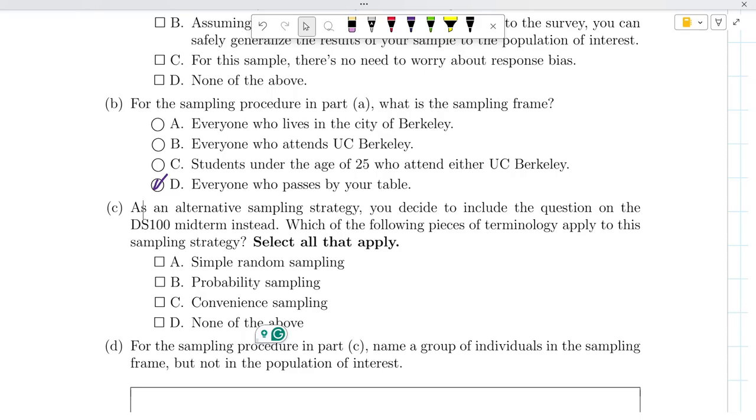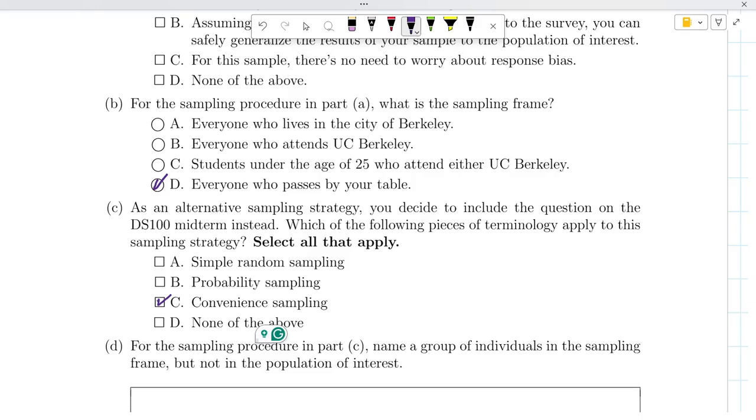So it's more or less a convenience sampling because you're just getting whatever you can. Okay, now, here's the tricky part of the question, which the solution will be a little different about. So let's talk about the solution first and talk about how to analyze it.